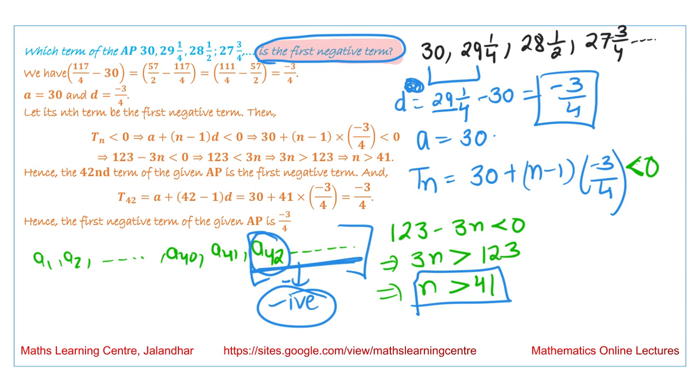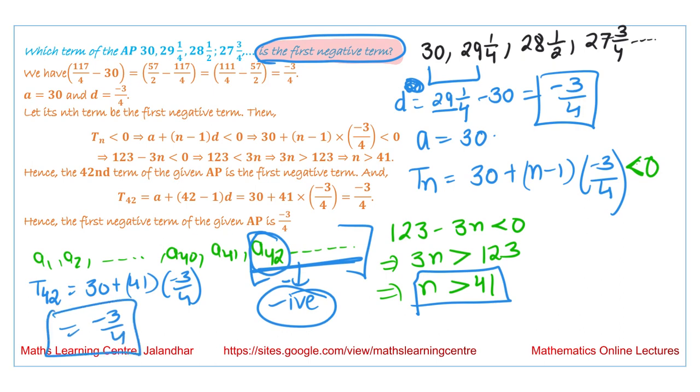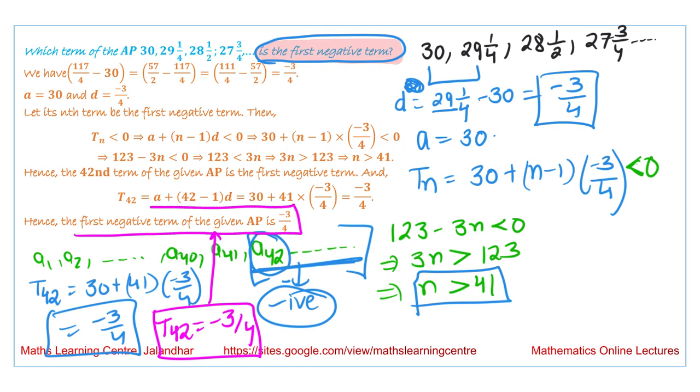So we want to calculate the first negative term. So t42 is equal to 30 plus 41 into 3 by 4. The answer we have is minus 3 by 4. So t42 is equal to minus 3 by 4. It is the first negative term of this given AP.